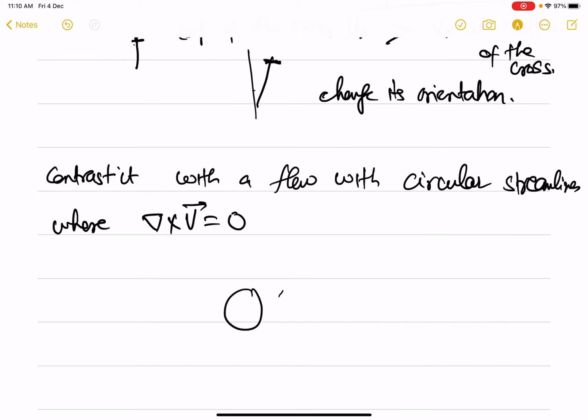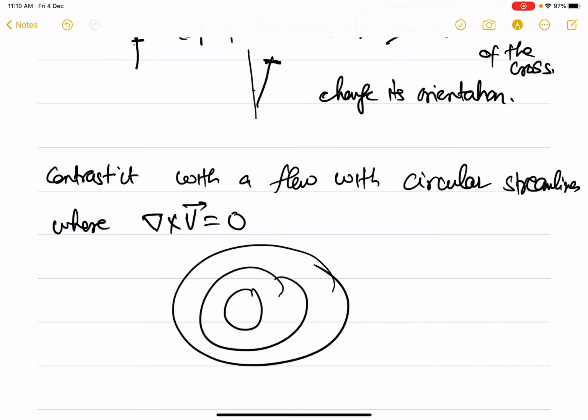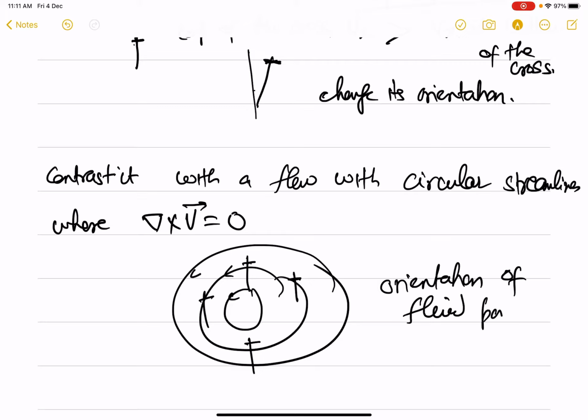If such a flow is there, then even though the streamlines may be circular, if I put a cross in this flow, as it moves along the streamline, the orientation of the fluid particles will not change as they move.